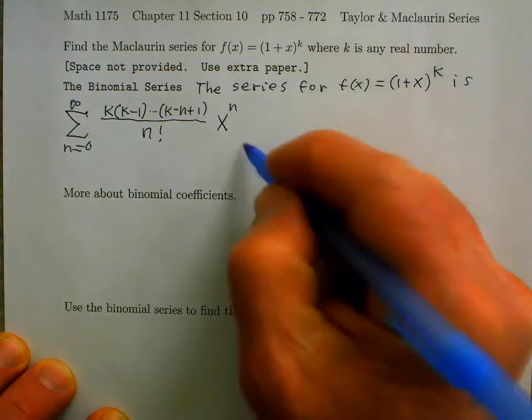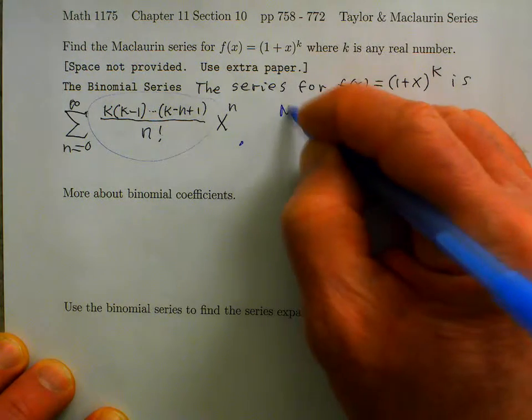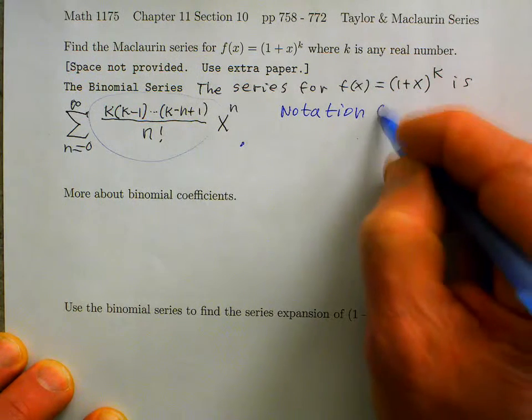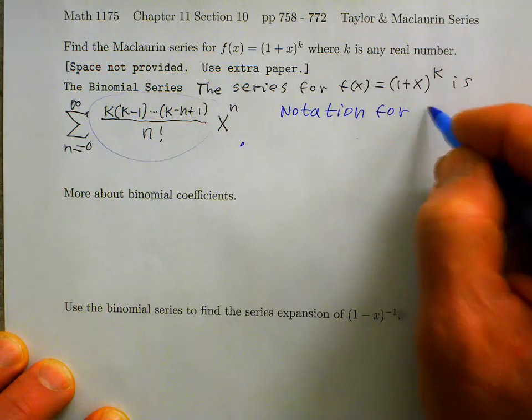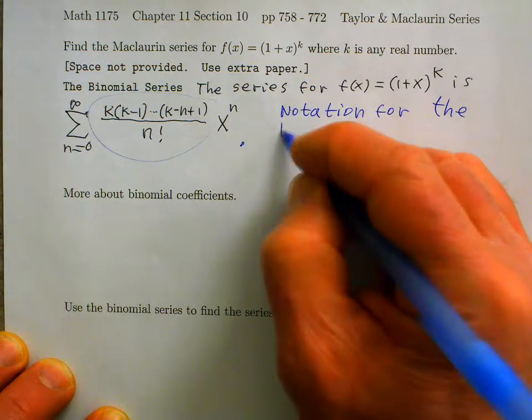Okay, so there's a notation for the coefficients. More specifically, the binomial coefficients.